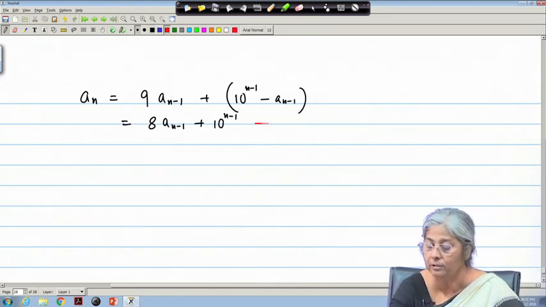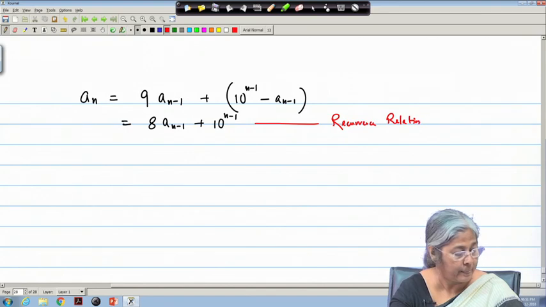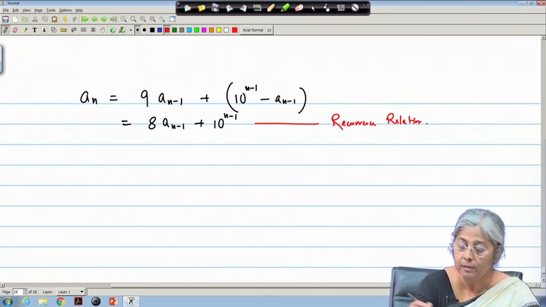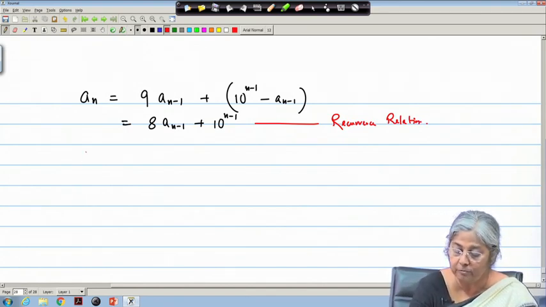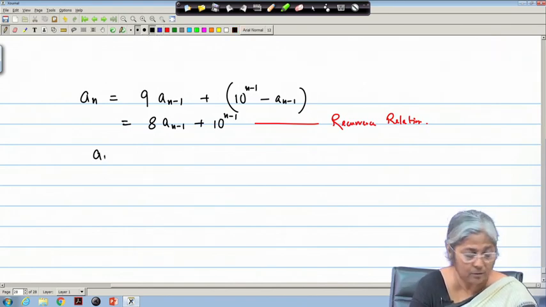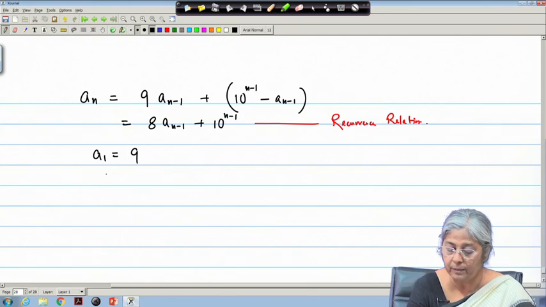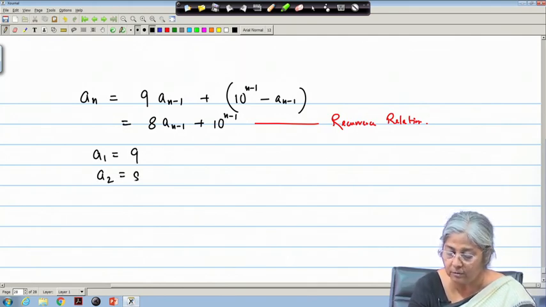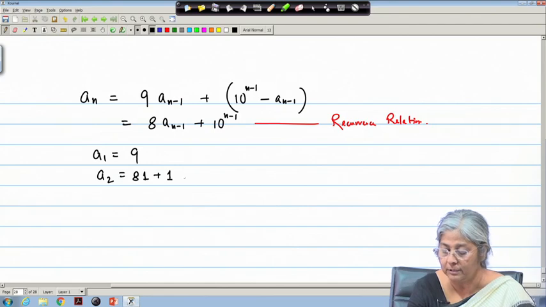Then what is the initial condition? We can get that A1 equal to 9 and A2 equal to 81 plus 1, so 10 to the power 0 is 1, and we can validate that it is equal to 82.